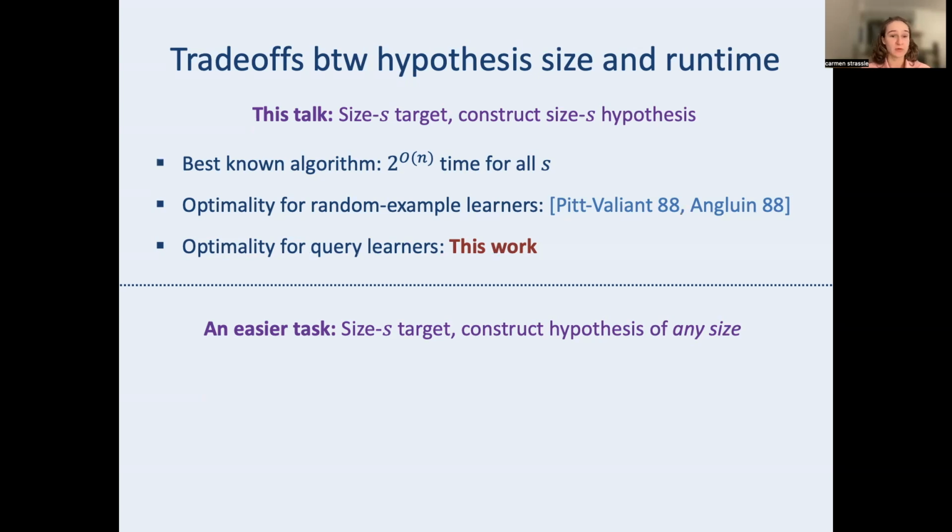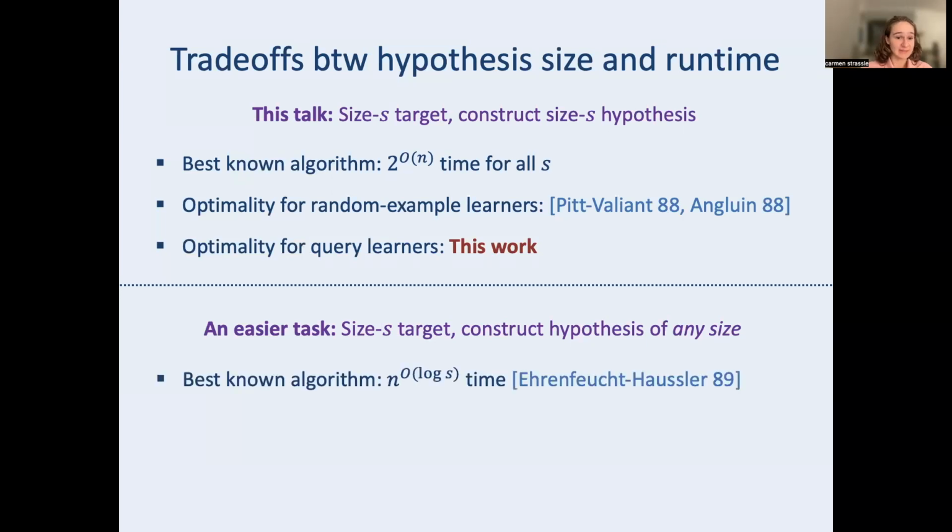Now, one way to relax this is to give an easier task. And instead of saying construct a hypothesis of size S, we can say construct a hypothesis of any size. In that case, it's an easier algorithmic task, and so the best known algorithm is more efficient. It's due to Ehrenfeucht and Haussler, and it runs in time n to the log s.